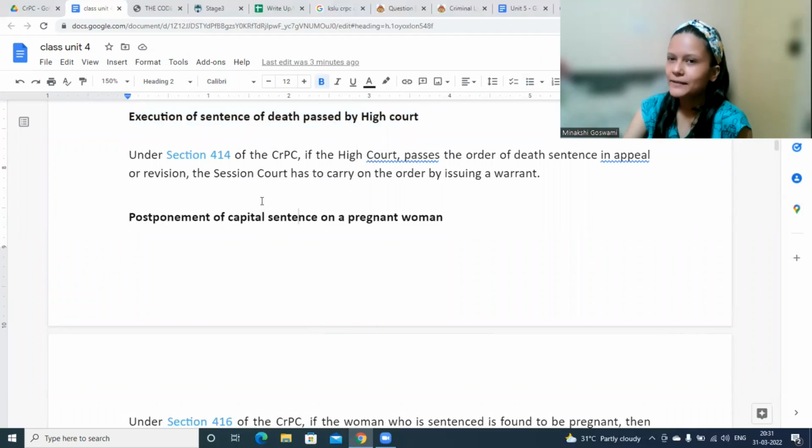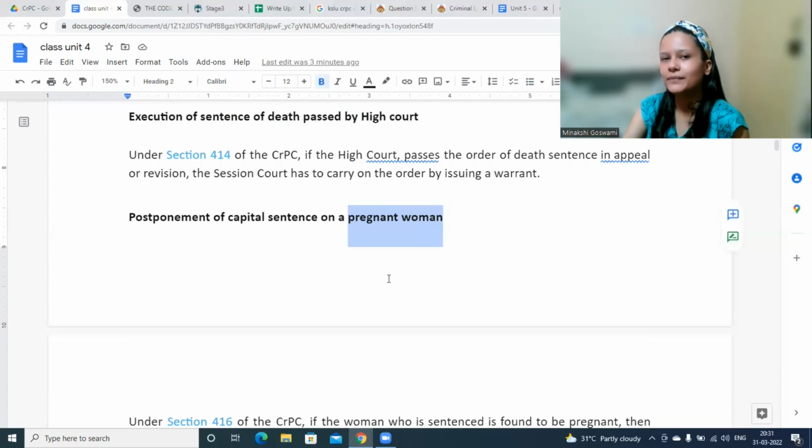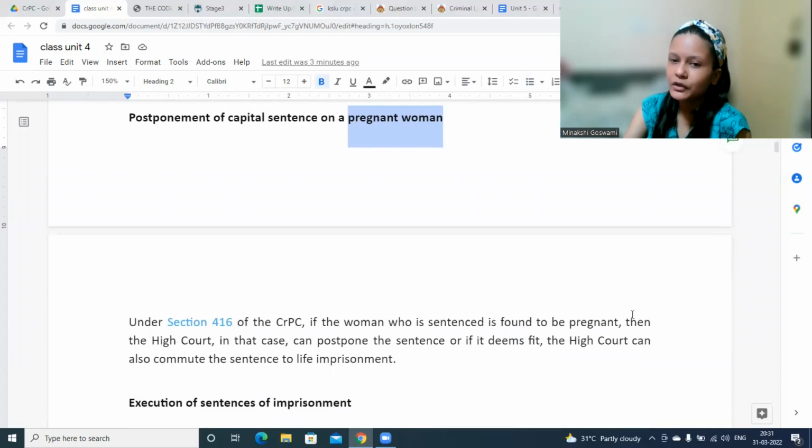In case capital punishment is given to a pregnant woman, okay, because crime was committed by the woman only, we cannot kill the child, okay. Yes. In such a case, court can order for postponement of capital punishment, that you need to wait, okay. We cannot kill the child also.